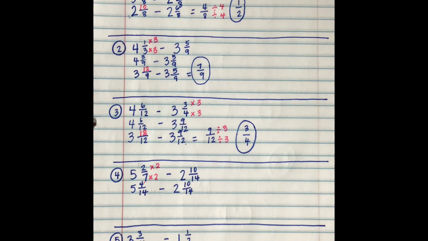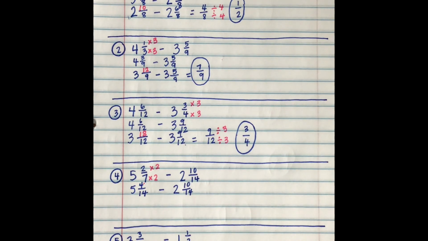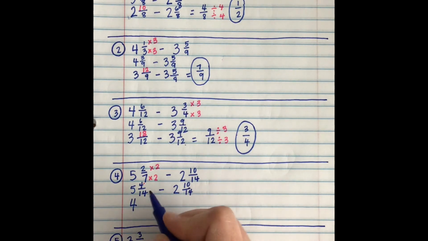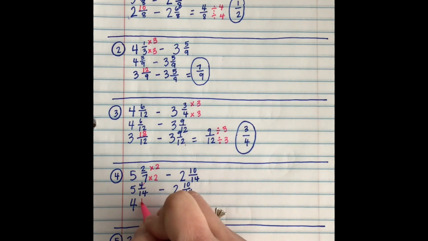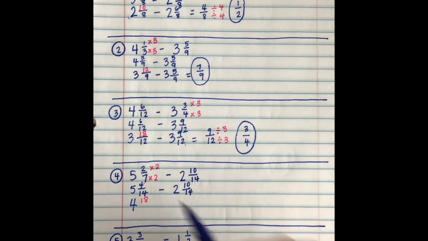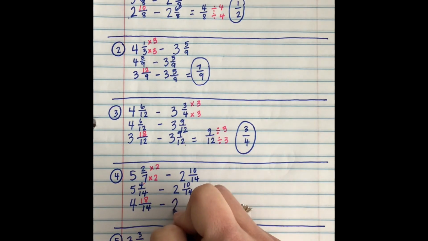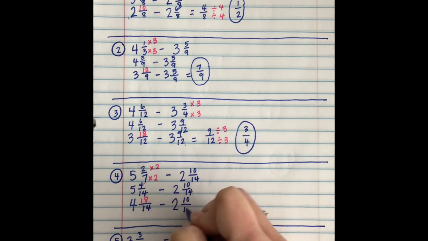So once again, I have the same problem I've been having during this whole worksheet. I can't take 4 and subtract 10 from it. So I have to take out a whole number here, 14/14. So I'm going to have 4, and 14 plus 4 is going to give me 18. I'm going to put that over 14, and I'm going to subtract 2 and 10/14.